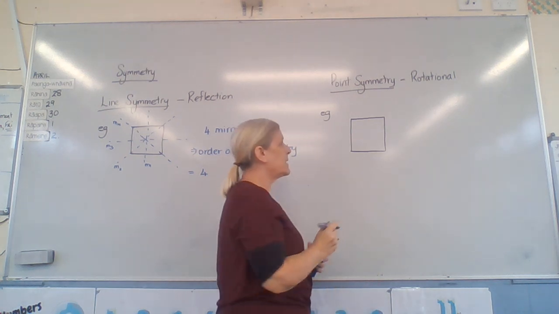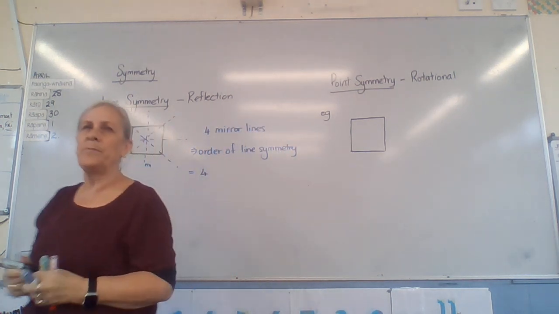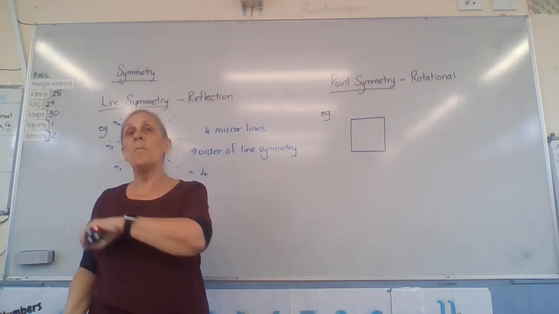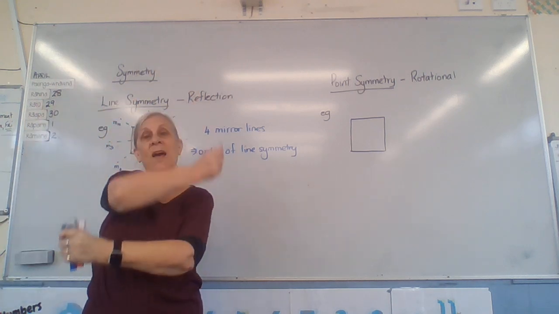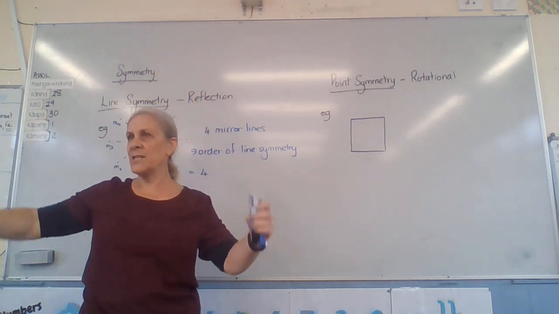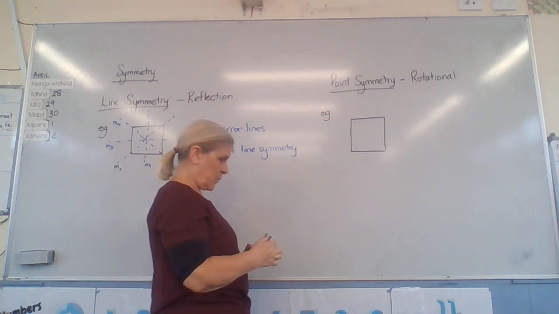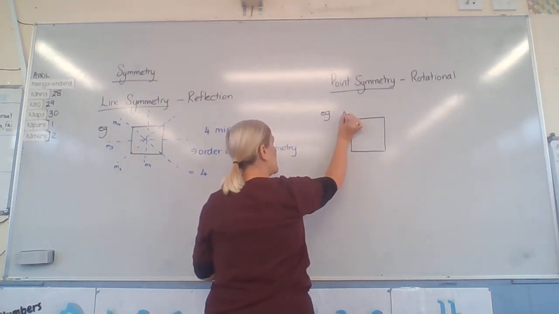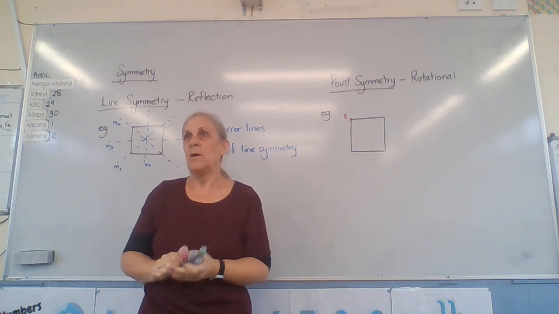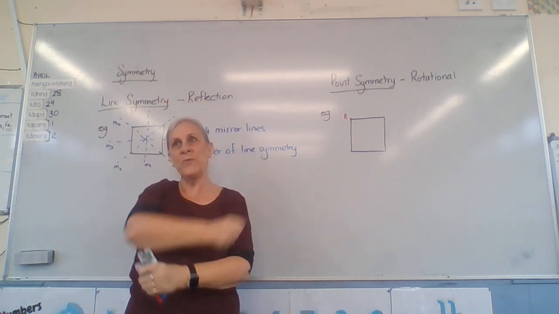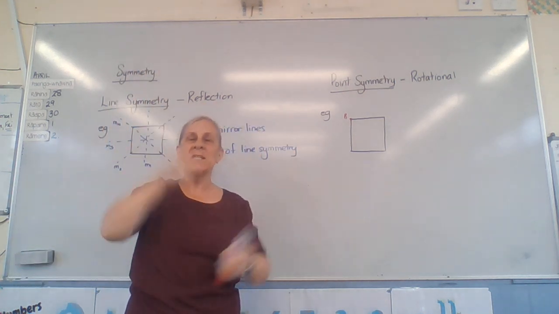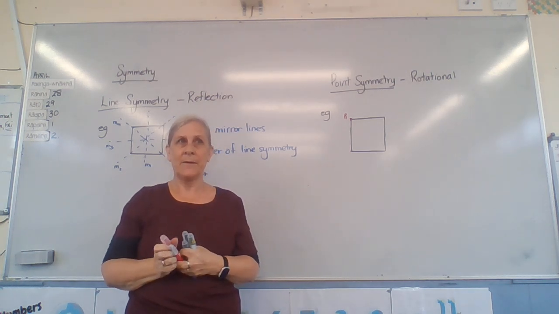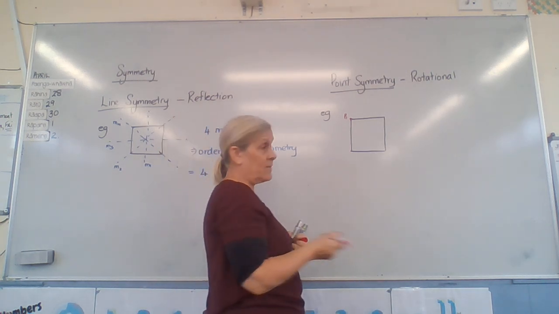What we're saying is, with the square, if I picked it up and turned it around, on my travels in turning it around 360 degrees, so in other words, making this point here come back to itself, how many times will it look exactly like it does on the board? 4.